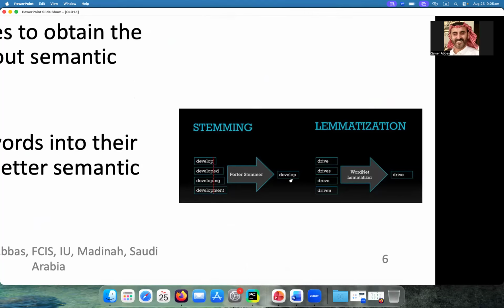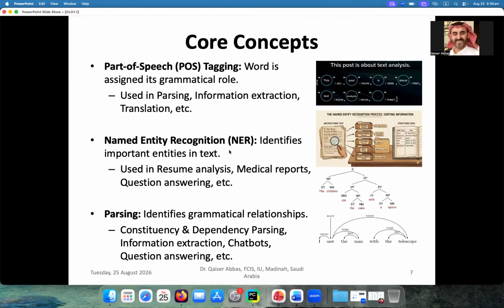So this is the stem. And for lemmatization, drives, drove, driven: you can use the WordNet Lemmatizer, an application available as a library in Python. It will give you the lemma, which will have meaning. So this is now the lemma.